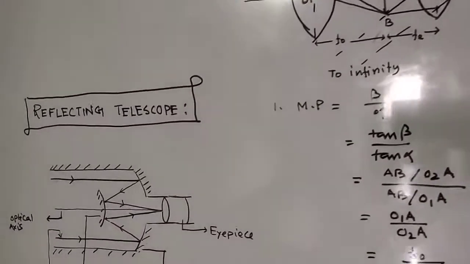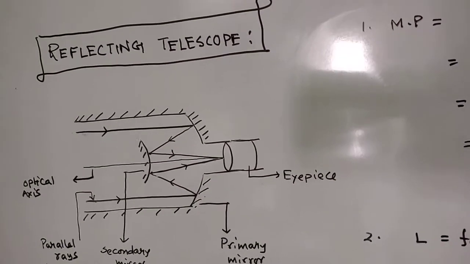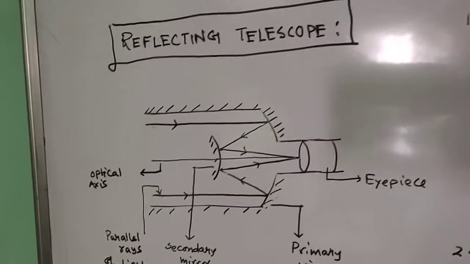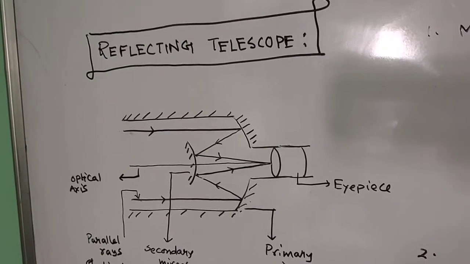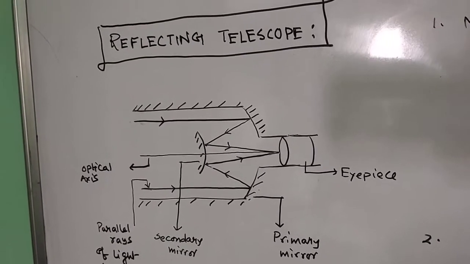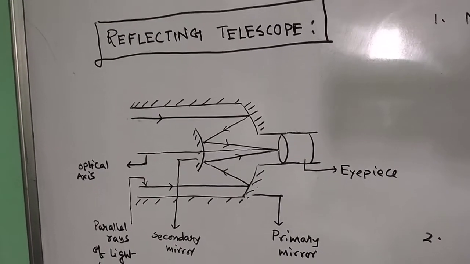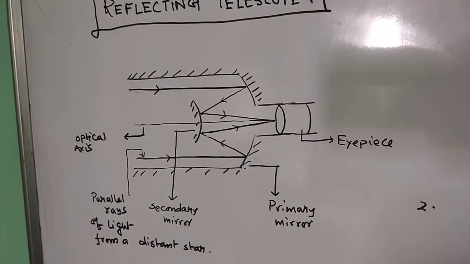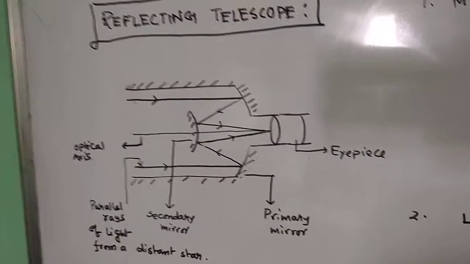Now the next one is your reflecting telescope. Here in the diagram, you have a primary mirror, a secondary mirror, and parallel rays of light from a distant star. We are trying to see a heavenly object.